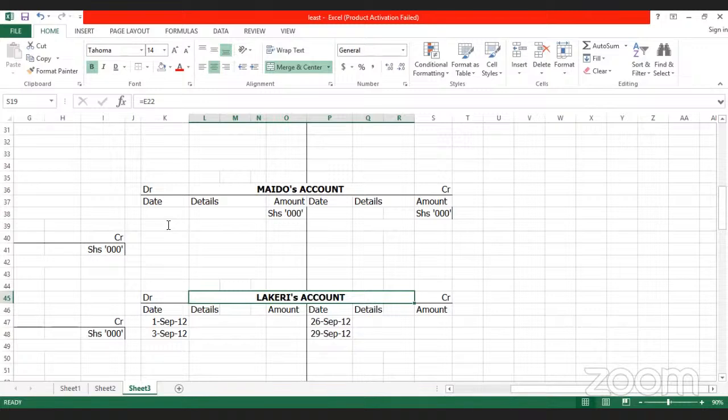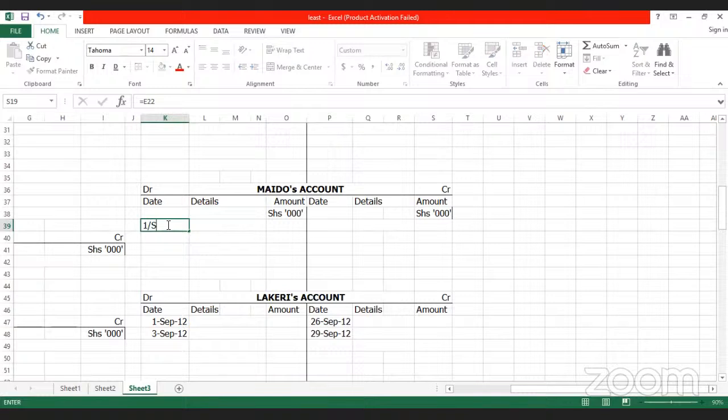So the first thing you have to do is enter the opening balance for Maido and Lakiri. These are assets to the business, so they have a normal debit balance brought down. How much is Maido's balance, members? Maido is 3,600.